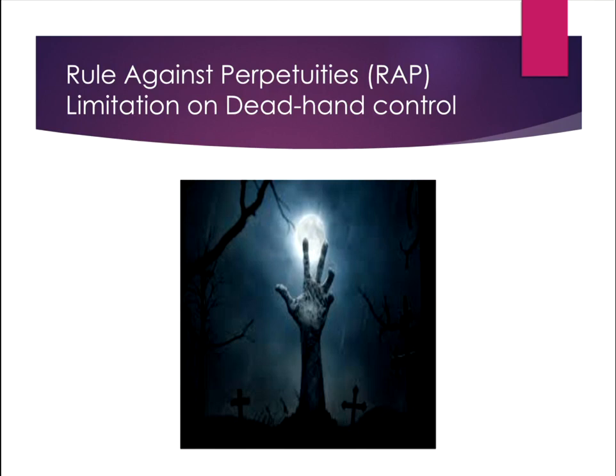Now, it doesn't mean that that's how it has to turn out, but that's how they came up with the WRAP period of a life in being plus 21 years. And it imposes a limitation on how long someone can control property from the dead, and thus that's where it gets its name, dead hand control.